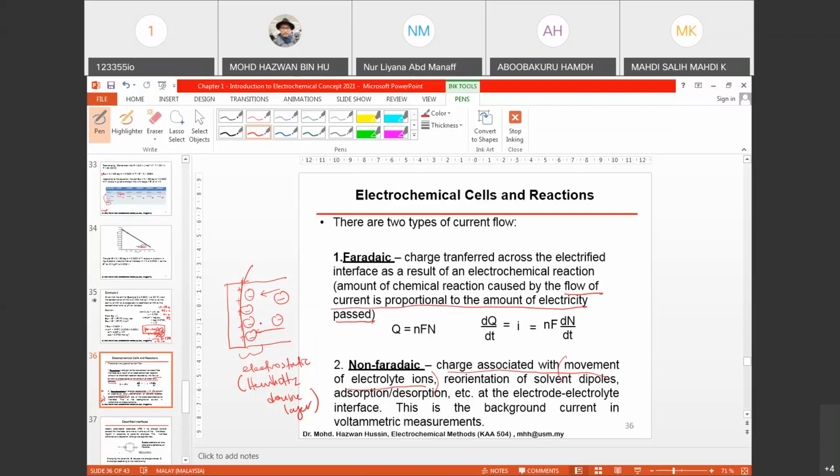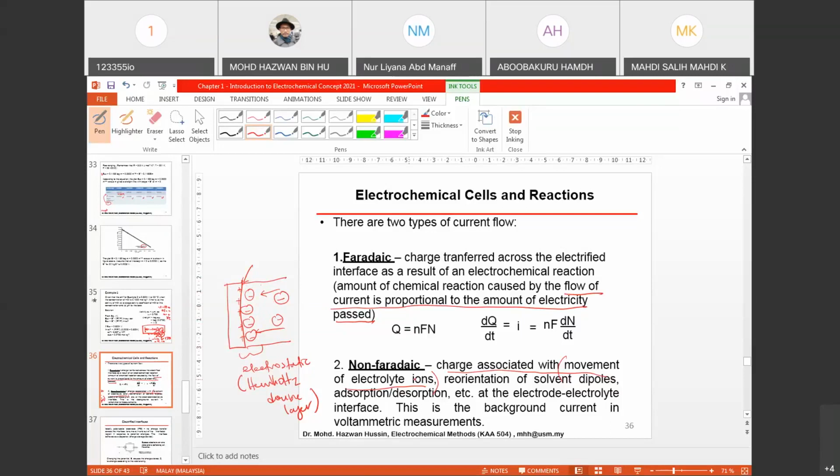Maybe if you go to a function and you see there are a lot of ladies, then it will attract the guys to go, because they think this is where you can find your couples. So the logic is like that. If you have more concentration of either positive charge ion or negative charge ion, then it will attract the opposite charge to it.